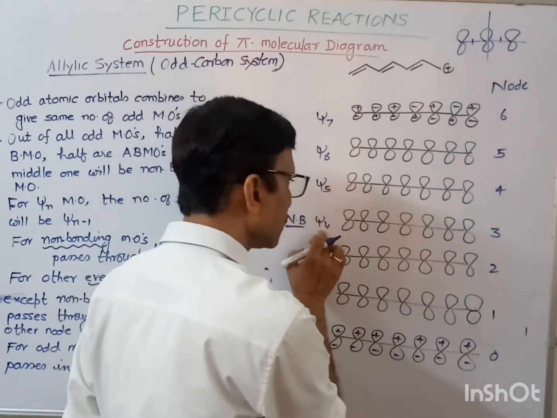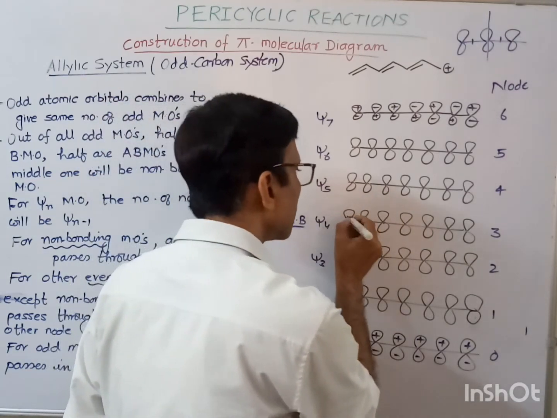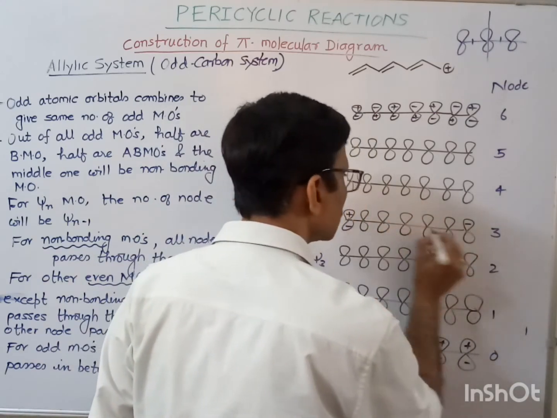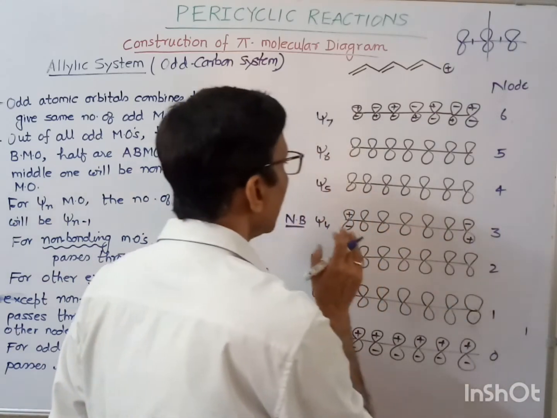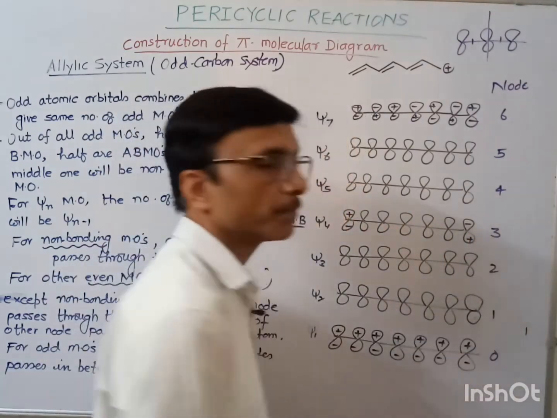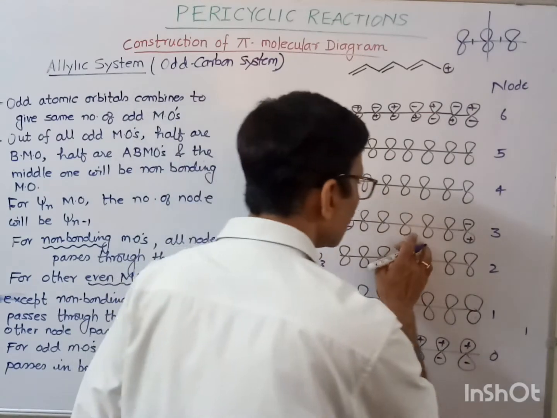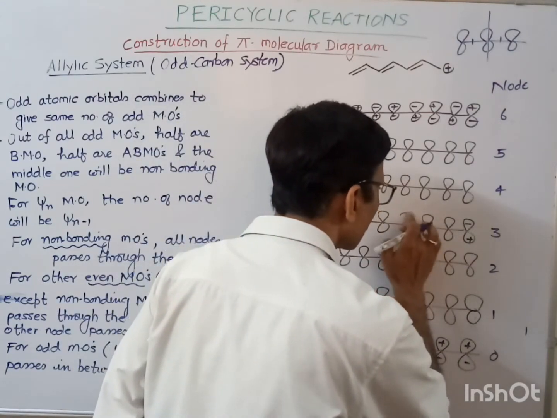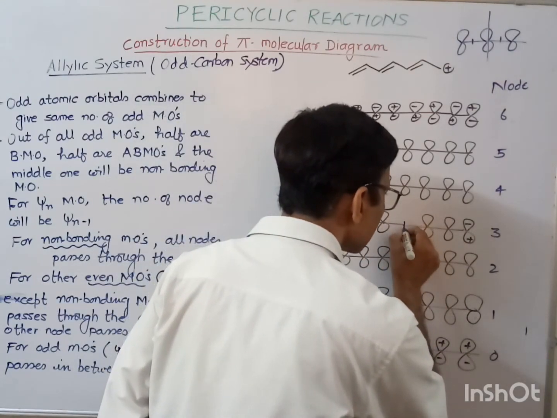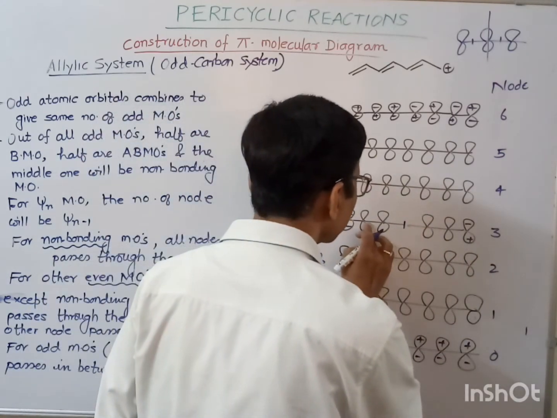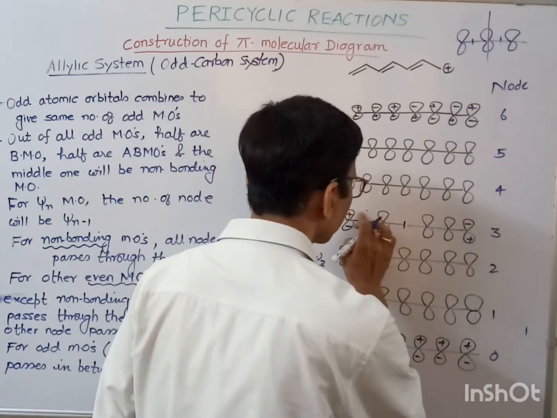For an even molecular orbital, as I told you, the end orbitals should have the opposite sign. And the 3 nodes should pass through the carbon atoms. So the first should pass through the middle, and the next should pass from here.